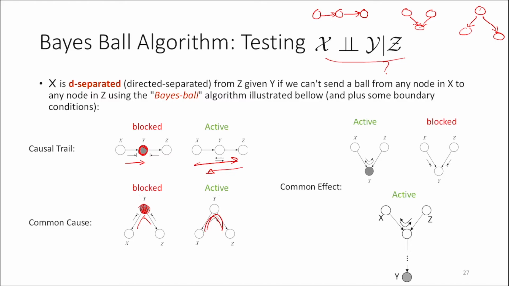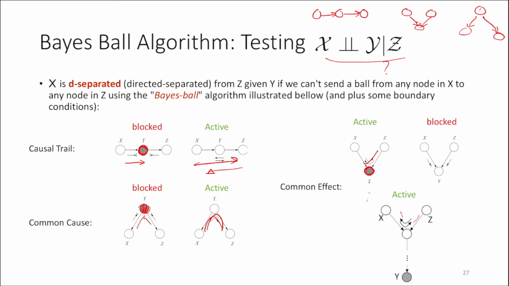And finally, if I have a V structure and the V structure is observed, I can pass through it. But if it is not, I cannot. Also, another important thing is that if any descendant of this V structure is observed, I can still pass through it.